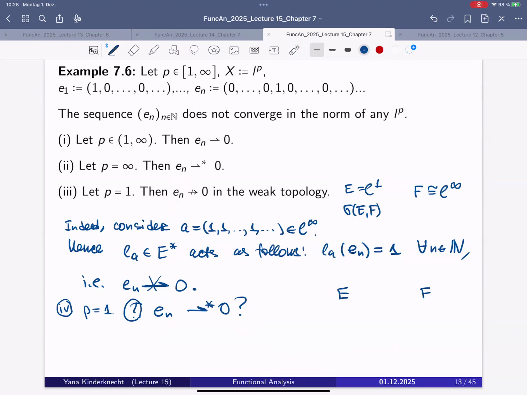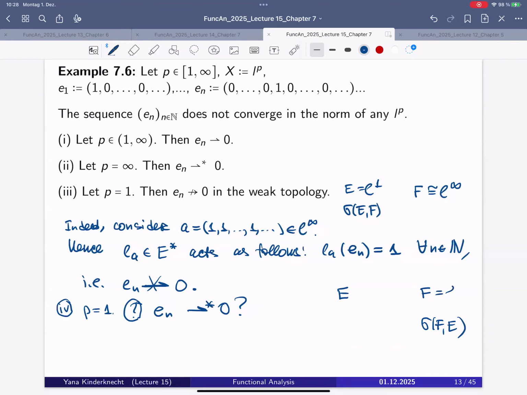And if weak star, we are interested in this convergence, in this topology. So what is my E or what is my F? E is L infinity and F is L1.